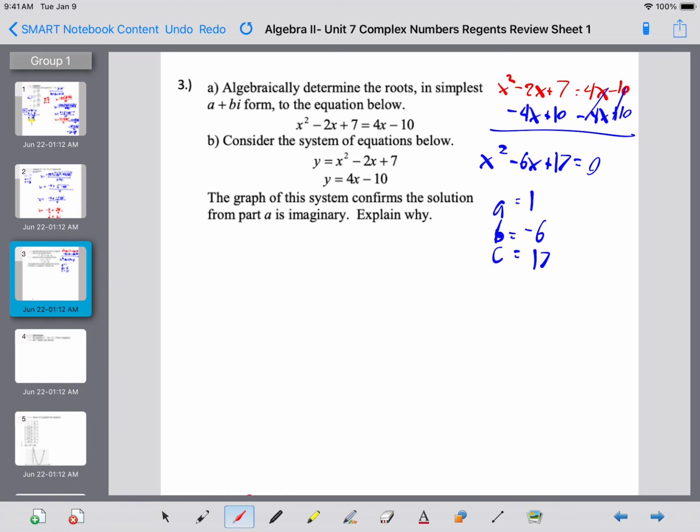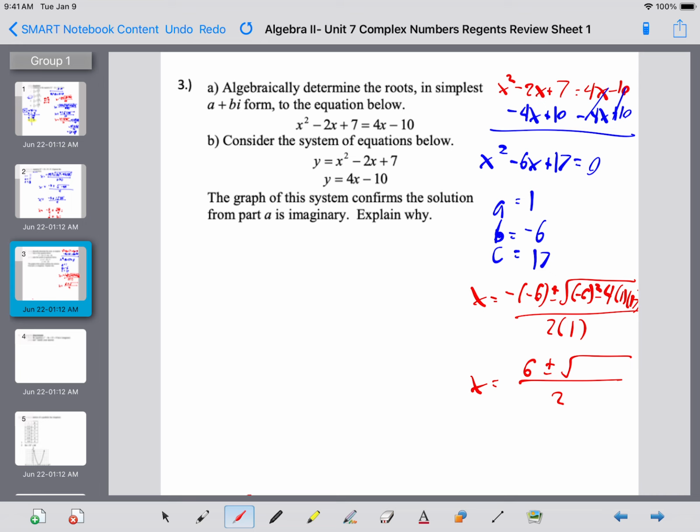Plug that into the quadratic formula. Negative 6 is positive 6. 6 squared minus 4 times 1 times 17 is negative 32.